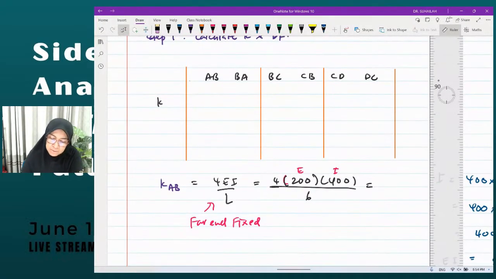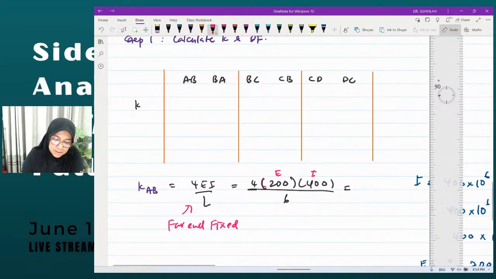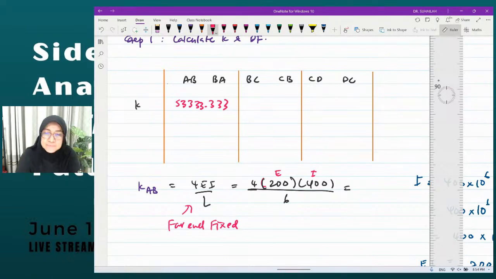The value is 53,333.333. Okay, AB and BA are the same value, so we just write it once.